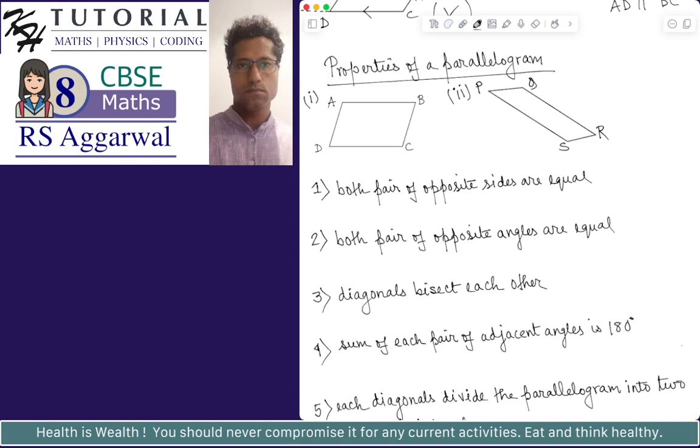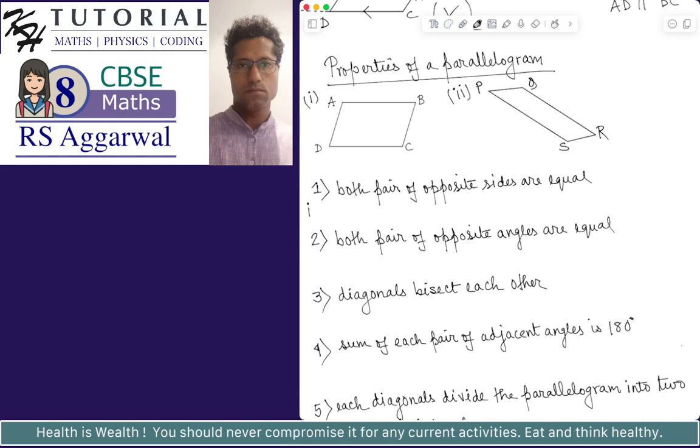Okay. So the first property says that both pairs of opposite sides are equal. In a parallelogram, both pairs of opposite sides are equal. So with reference to both the parallelograms, I will mathematically write some equation or result to illustrate each of these properties.